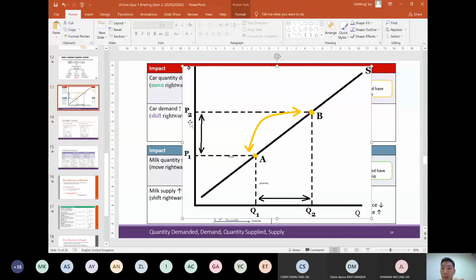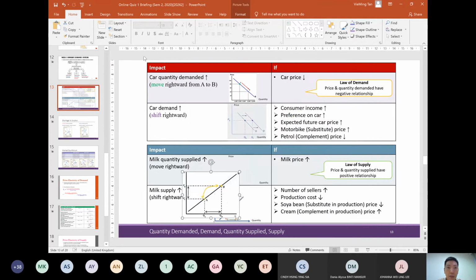So the main factor is only the price of the product itself, in this case the price of the milk itself. No other factors. We assume other factors remain the same. That means ceteris paribus. Only the price of the milk product is increasing.